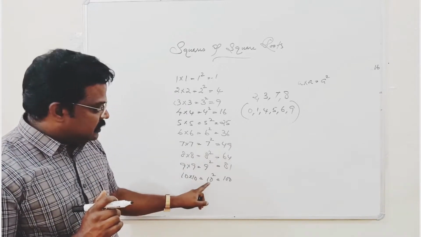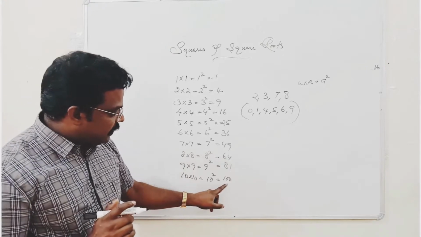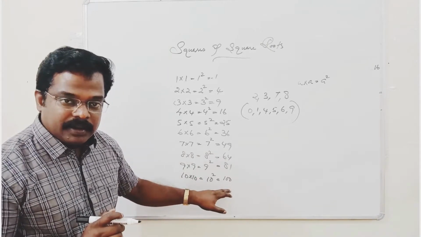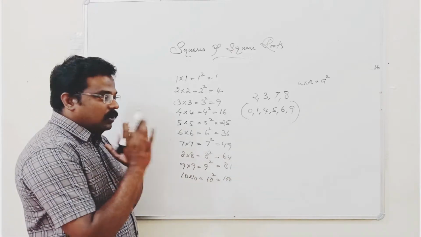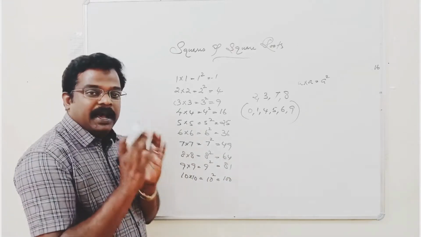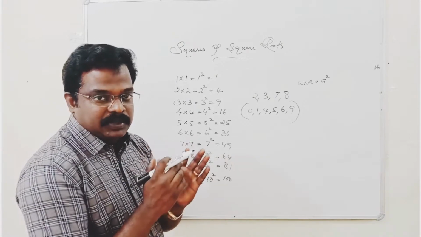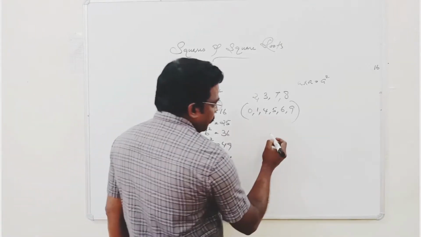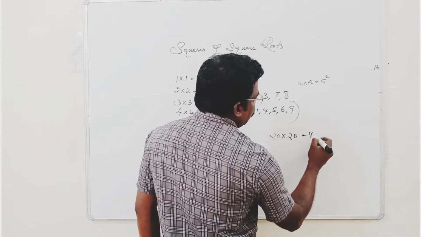So when we calculate 10 into 10, we are getting 100. Here we know that there are 2 zeros in 100. Okay, so that is another property of squares. All squares ending with zeros have an even number of zeros. That means if it is 20, 20 into 20 we are getting 400.